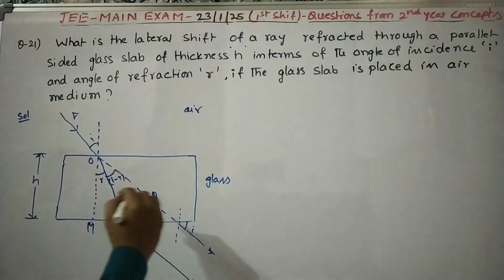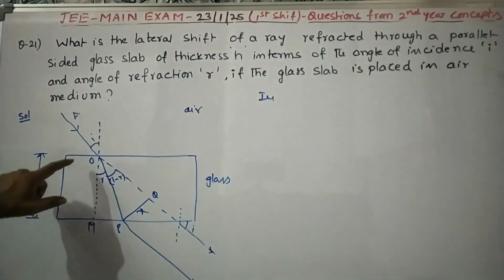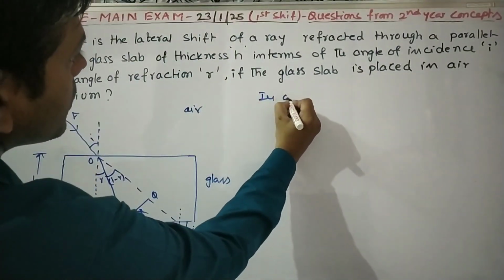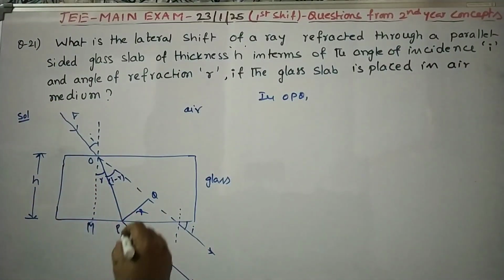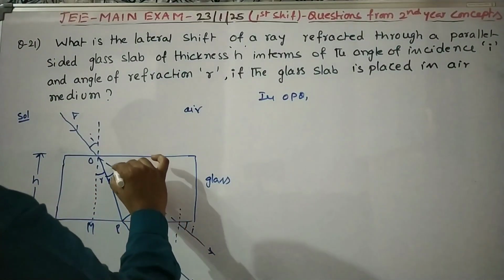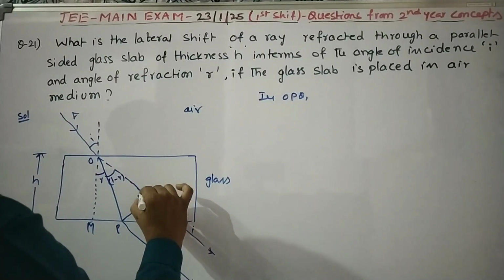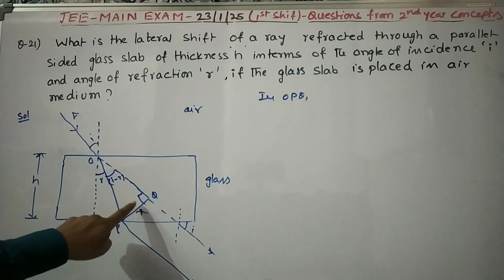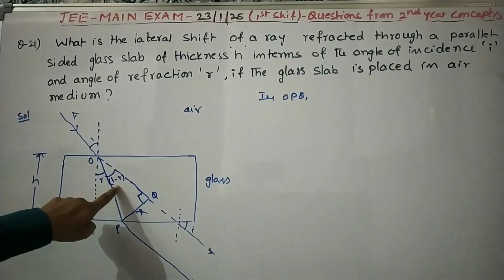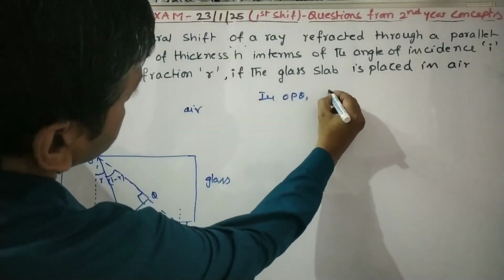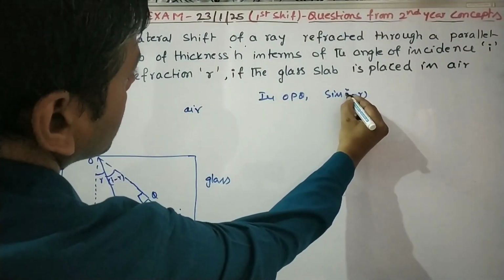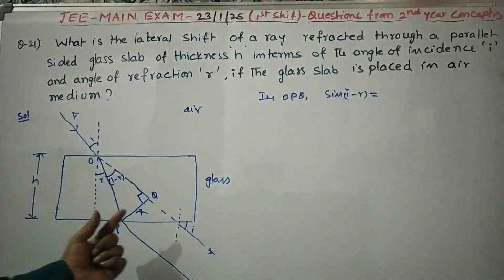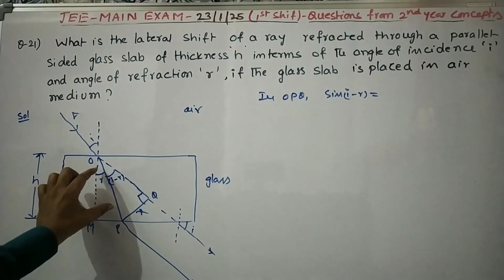Okay, so in this diagram OPQ, you want to calculate, this is 90, isn't it? This is 90. Okay, this is a right angle triangle. So you want to calculate sine(i minus r) is equal to opposite by hypotenuse.